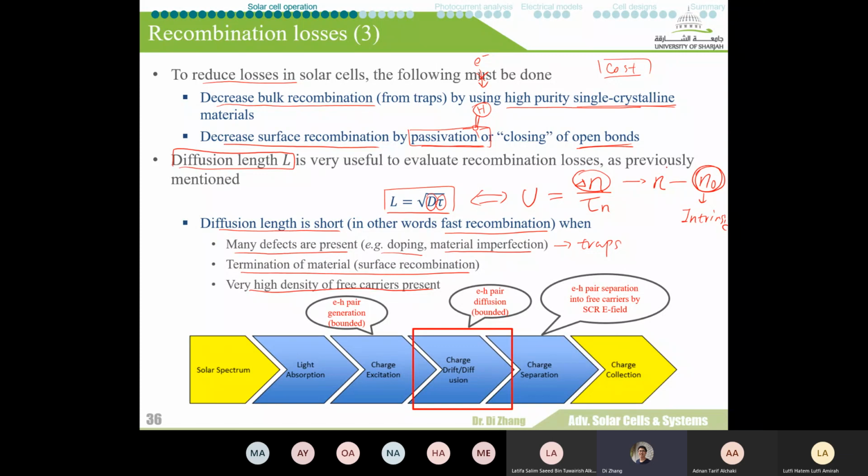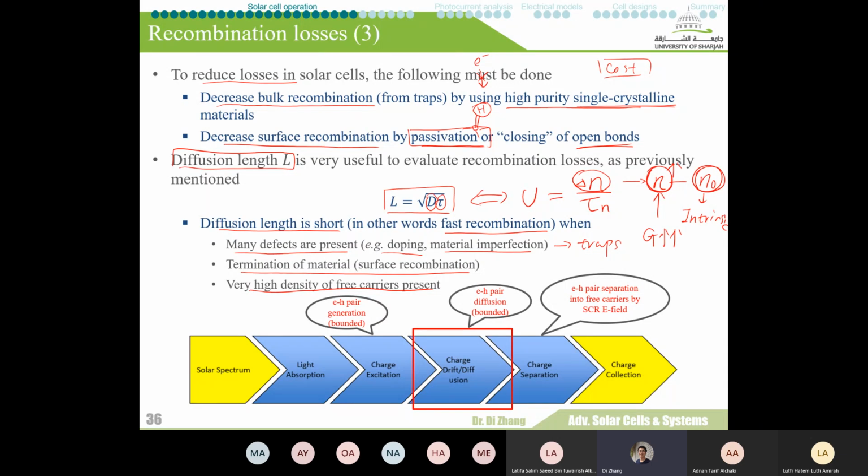But if you expose the material to sunlight, or to any kind of excitation, then the number of free carriers may increase. For instance, if we have a very large generation here, then this will increase the amount of free carriers that we have.